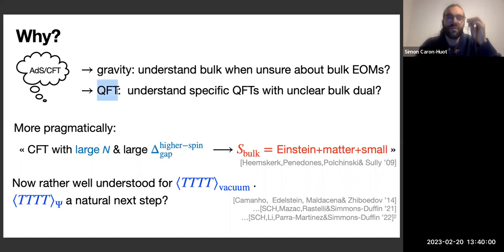Also, from the other viewpoint, one of the promises is that we might be able to say things about specific quantum field theories. And many of the specific theories we're interested in don't have a clear bulk dual. Just to give a precise example, QCD at high energies, short distances, is a weakly coupled quantum field theory. So its dual will have to be strongly coupled gravity, and we don't really understand that. So it's not very clear in what sense it has a bulk dual.